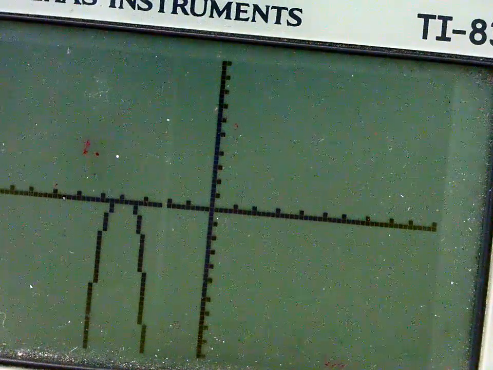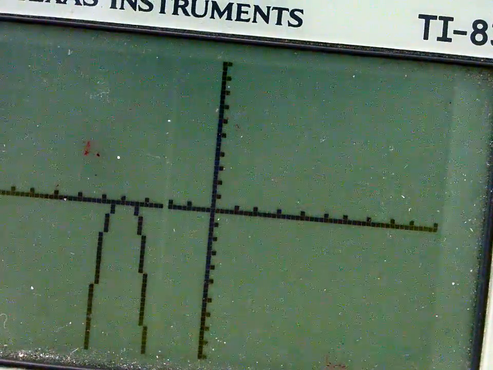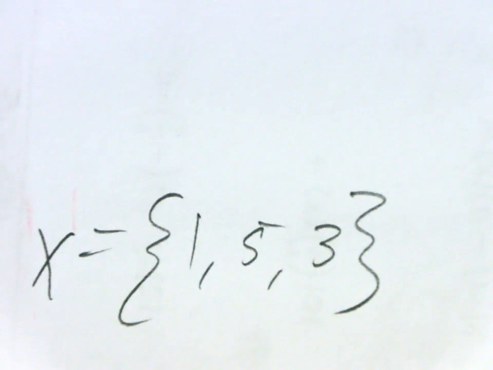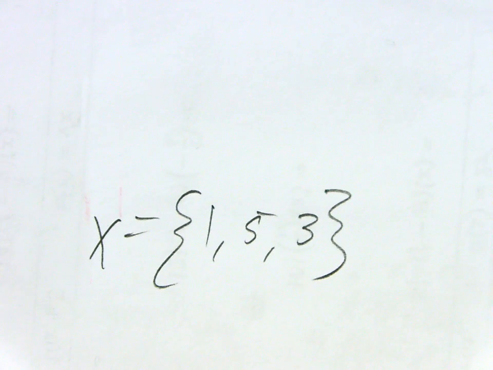Yes. If I find my x-intercepts and it's 1, 5, and 3, or whatever, each of them only appears one time. It's going to cross the x-axis at each one. Cross completely, not just touch and bounce off of it.